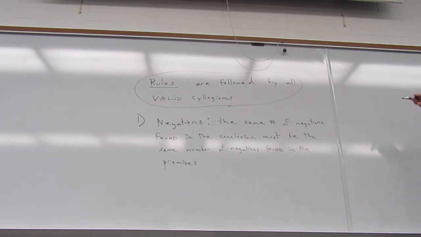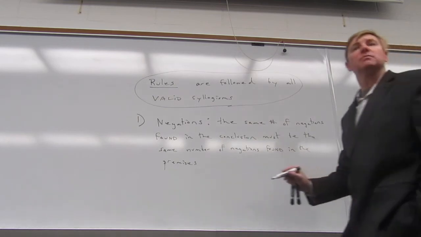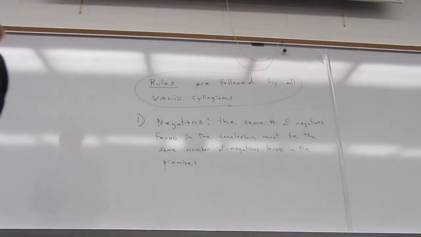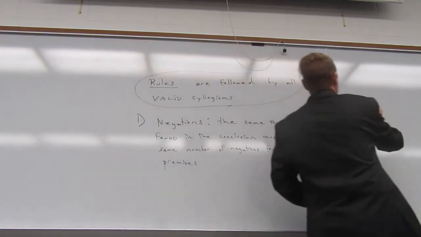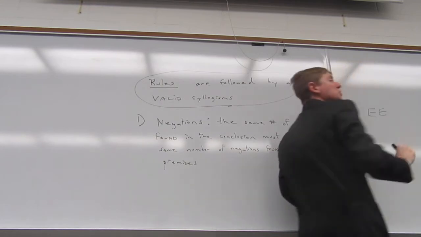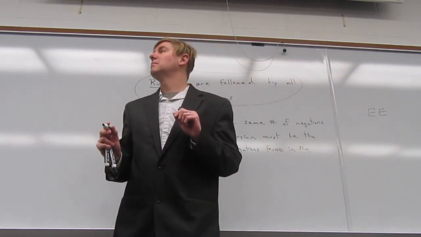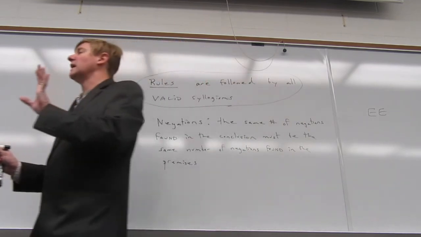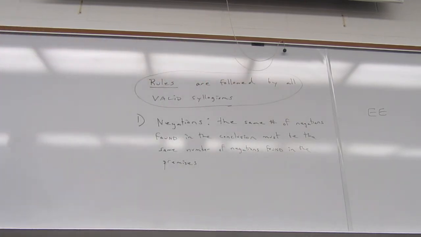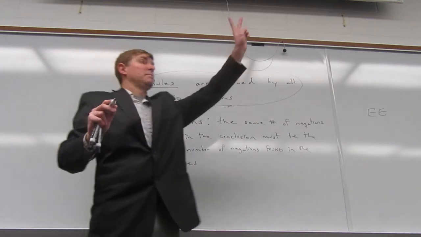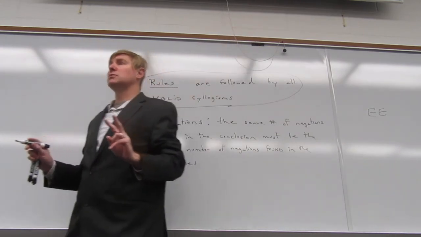Now, based upon this rule, we can rule out a whole lot of moods as automatically what? Invalid. Automatically invalid. Examples? E, O, O. Suppose both of my premises are E's. I can rule that out as being invalid. Why? Because it's got two negations.